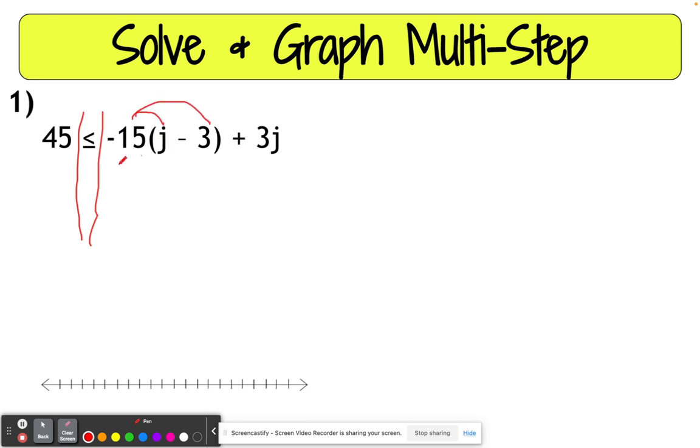Negative 15 times j is negative 15j. Then I have negative 15 times negative 3. That's going to be a positive 45. And I still have my plus 3j, so I don't want to lose that.